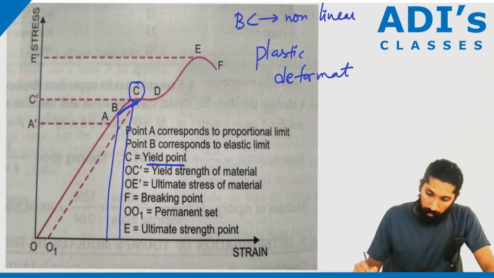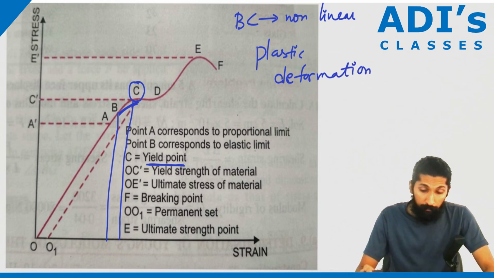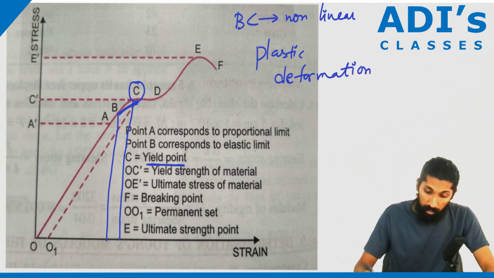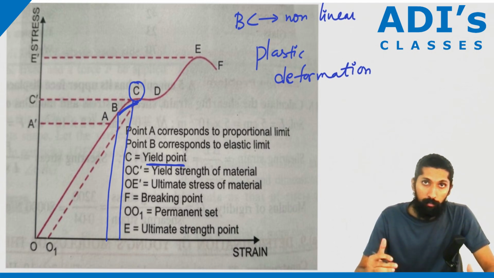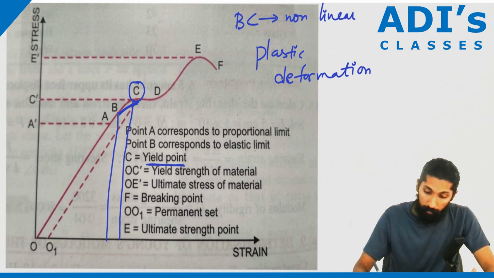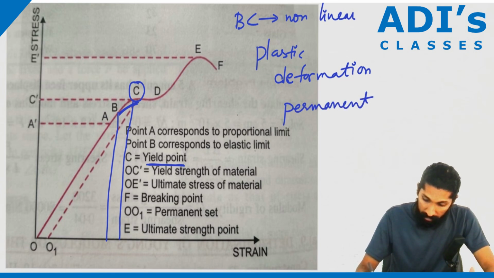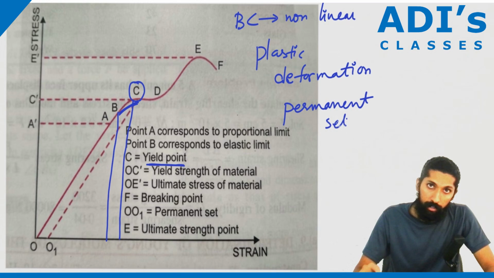Now what do we mean by plastic deformation? The reason is that from B to C, beyond B, once you cross the elastic limit, in that region BC you are going to have a permanent set. There is a permanent set in the structure of the body.